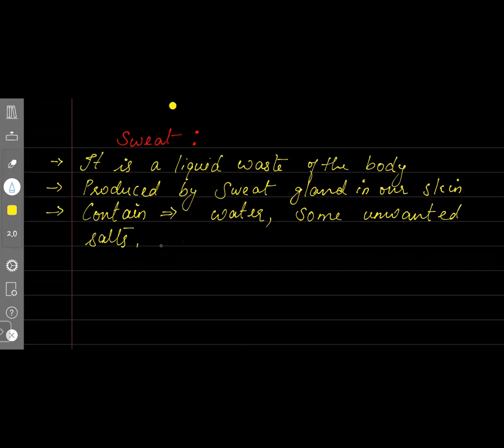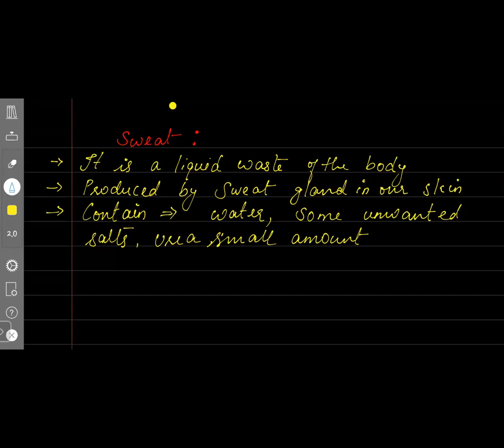Some unwanted salts are there, and a very small amount of urea will also be there. Now if you are asked how urea came here, it is a big process. So just remember that some urea is also there. In your saliva also there is urea. When you are fasting for 3-4 days, then your saliva will have urea. You can excrete urea through saliva. Then you'll ask why urea is coming through the mouth, it should be coming through the kidney.